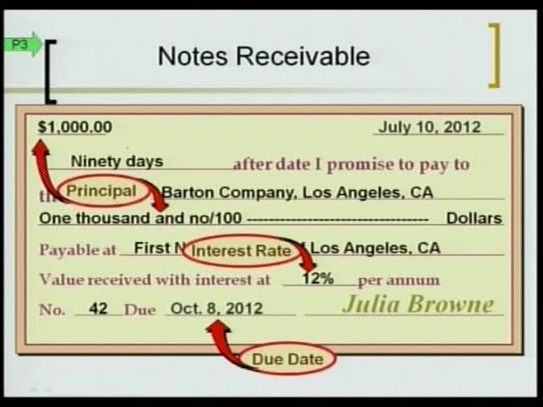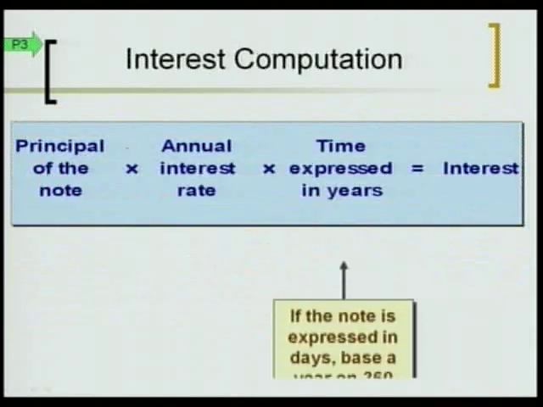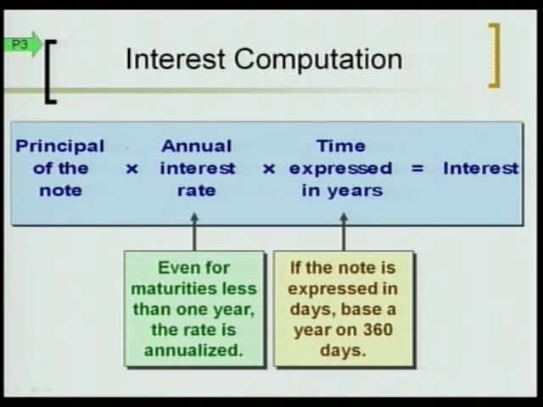She has to pay back the principal of $1,000 plus some interest. How much interest does she pay back? Well, this is our interest computation. I don't think we've ever gone through this before, have we? You'll see this a lot. You're going to take the principal of the note times the annual interest rate times the time expressed in years. And that's how much interest has to be repaid.